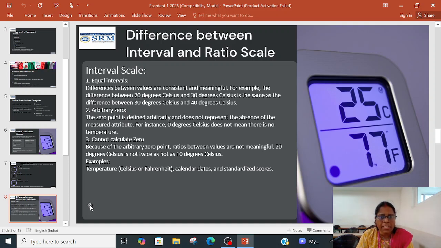Example, 0 degrees Celsius does not mean there is no temperature. There is temperature. So, surely there is no true zero. Next, we cannot calculate ratios because of the arbitrary 0 point. Ratios between values are not meaningful. 20 degrees Celsius is not twice as hot as 10 degrees Celsius. For example, temperature in Celsius or Fahrenheit, calendar dates, standardized scores. These are the examples for the interval scale.